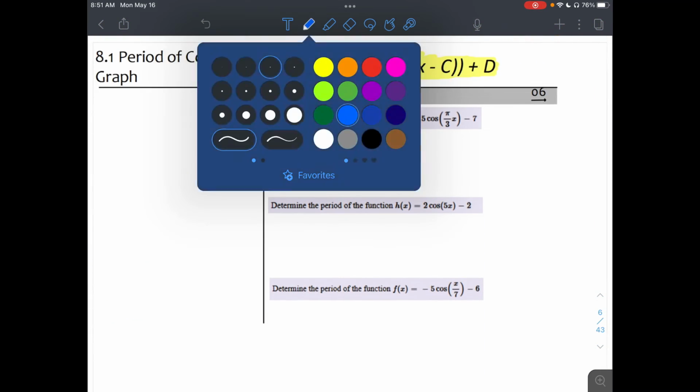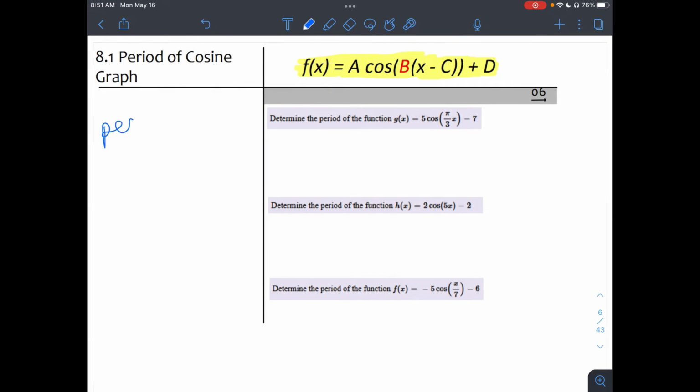Okay, so the period of a cosine is equal to 2 pi divided by the absolute value of b, where b is this multiplier in front of your x. The first thing is, if we calculate these, 2 pi divided by our b value right here, pi over 2, or pi over 3, that's equivalent to multiplying by the reciprocal. The pi's cancel, so we get a period of 6.